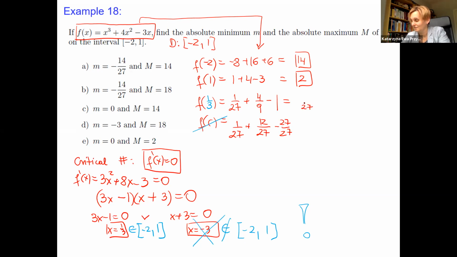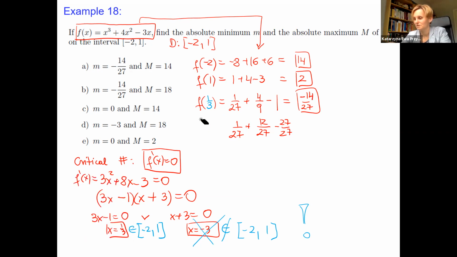Definitely the denominator is 27. 1 plus 12 minus 27. 27 minus 12 is 15. -15 plus 1 is -14.